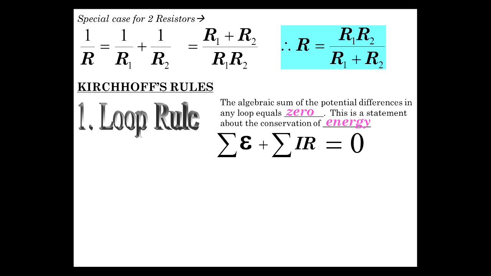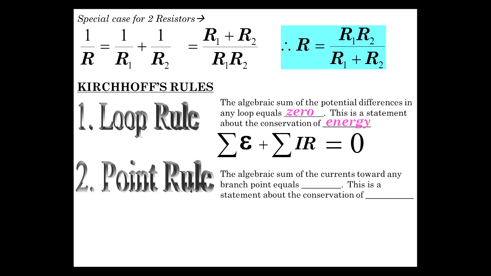That's it. Now, the other rule of Kirchhoff, the point rule, which simply says the algebraic sum of the currents toward any branch point, a junction, equals 0, which is a statement about the conservation of charge. You don't have a buildup of charge at any point in the circuit.